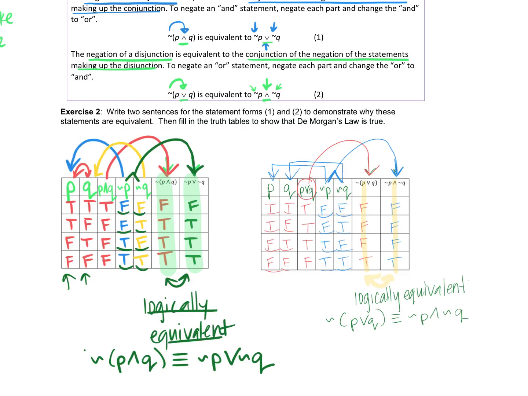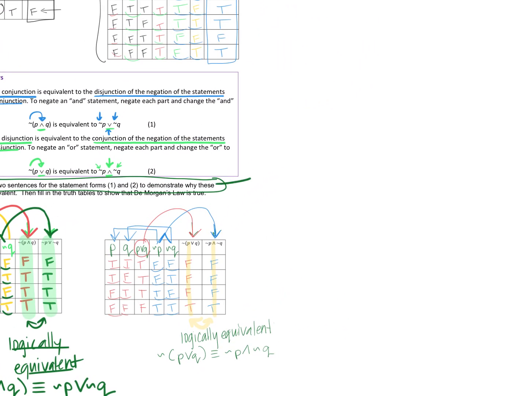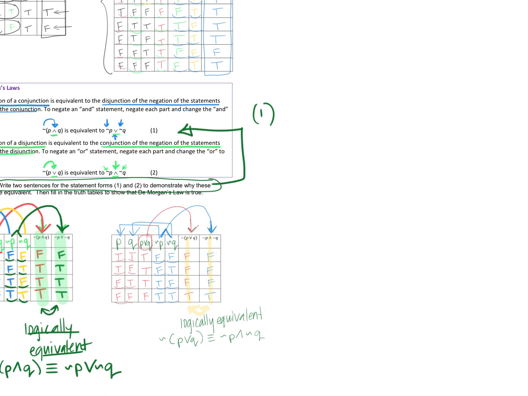Now, we proved it using these truth tables, but what does that really mean? Let's think about it, and we're going to take one step back to writing two sentences for those statement forms. So let's look at statement 1. And I want to come up with a P or Q. Again, we're saying that this is equivalent to this.